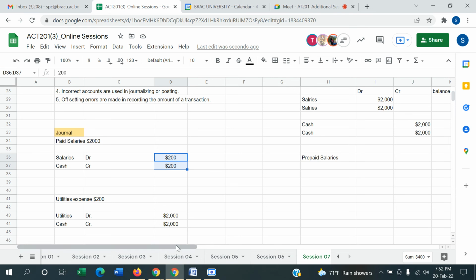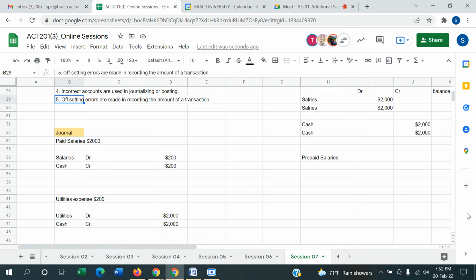Now both debit and credit are the same, and it is not possible to identify it by preparing the trial balance. Because one mistake has been offset by another mistake, that type of mistake is known as an offsetting error. So in case of an offsetting error, even though there are mistakes, it is not possible to identify them by preparing the trial balance. That's why it is considered a limitation of trial balance.